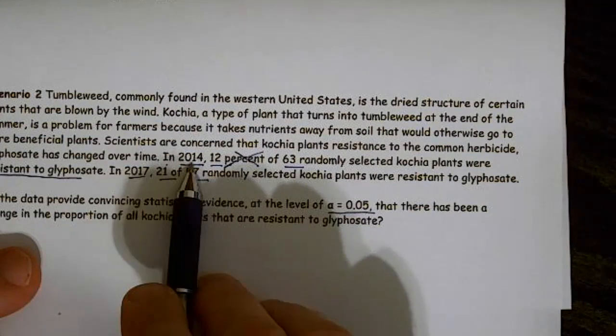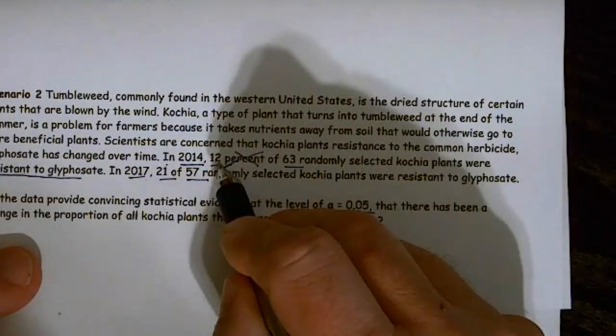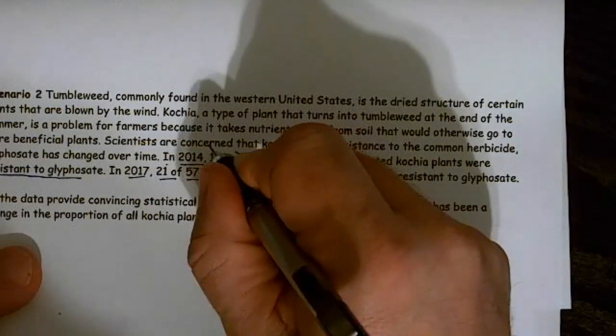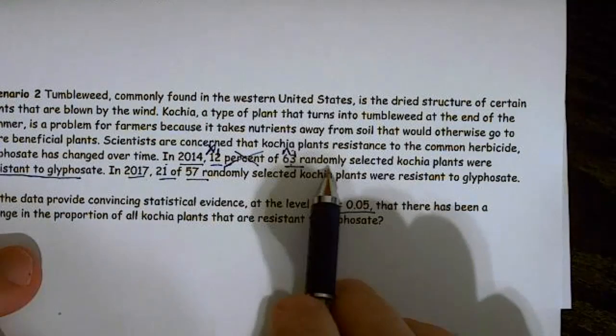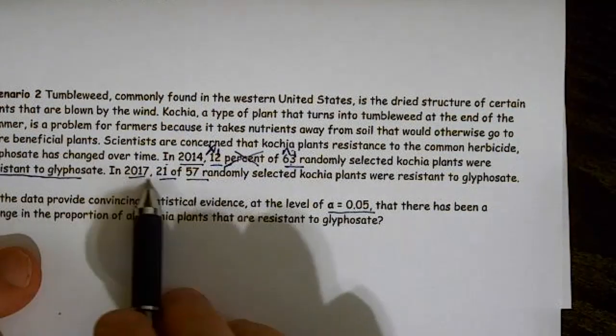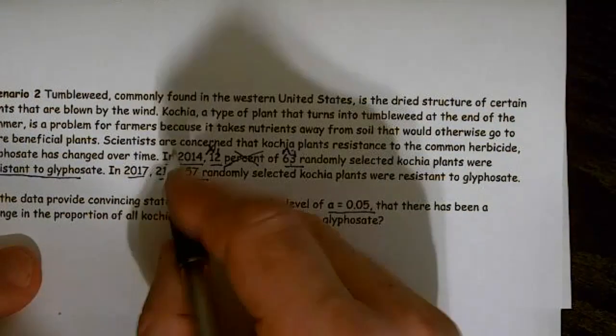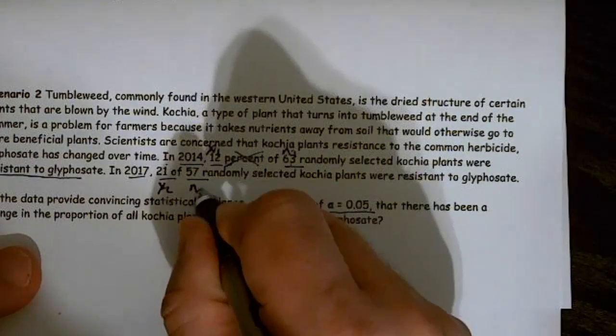In 2014, it says 12%. It really should just say 12 of 63. So this should be X1 and this should be N1. Randomly selected Kochia plants were resistant to glyphosate. And in 2017 is 21 of 57. So this would be X2 and N2.